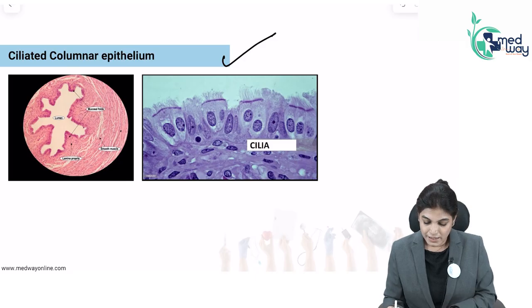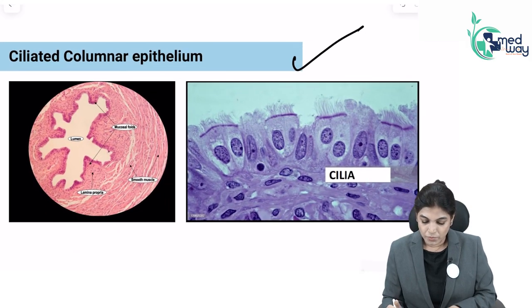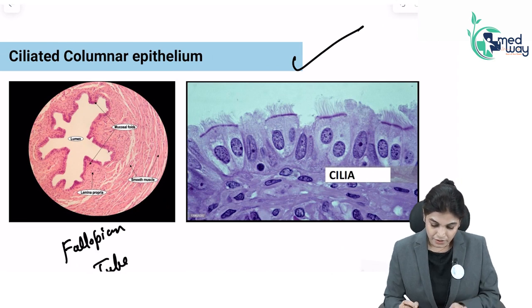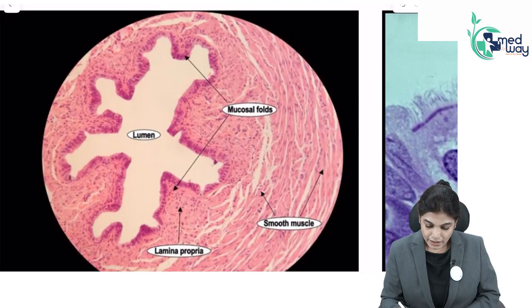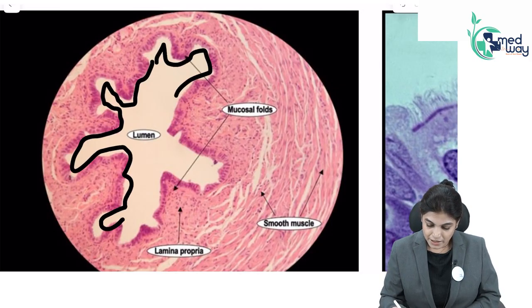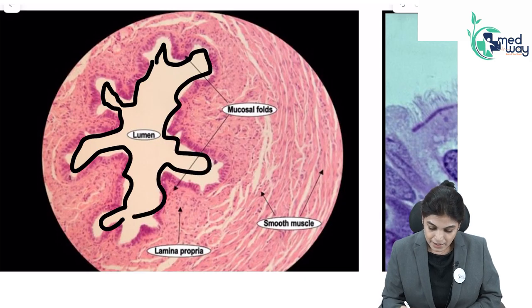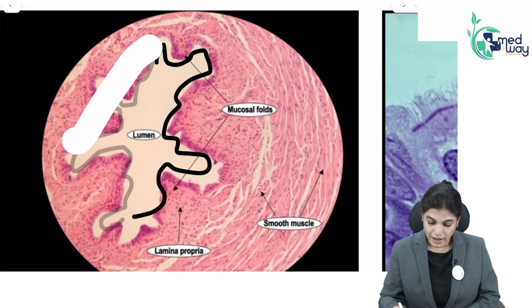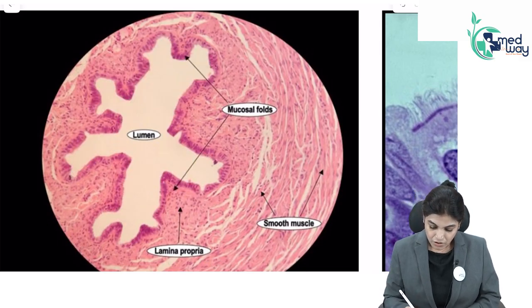Here I want to brief you on two examples. This is a slide of the fallopian tube. We can also make out the cavity: you can see the irregular, star-shaped cavity, and these are the lining epithelium, which also has mucosal folds with epithelium in them. These all will have simple columnar epithelium.